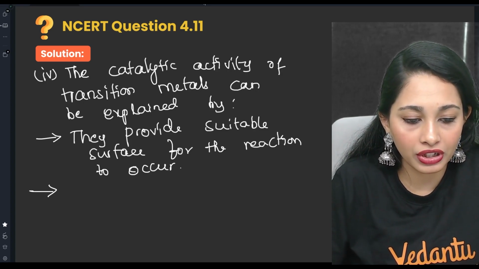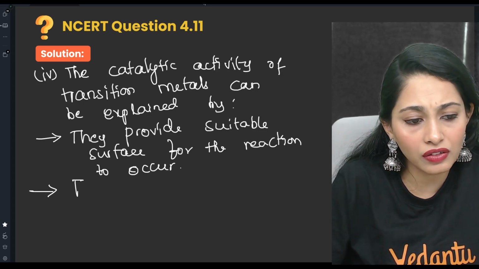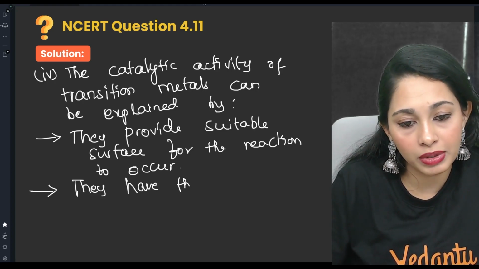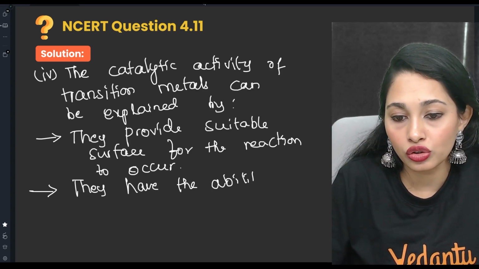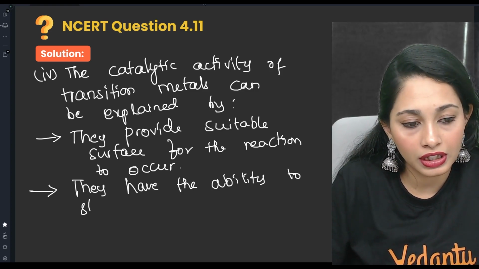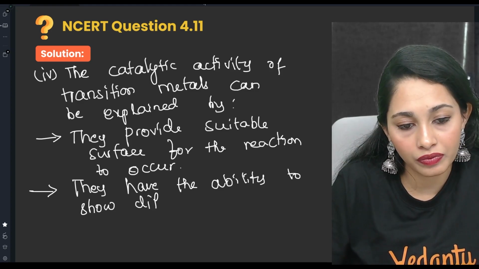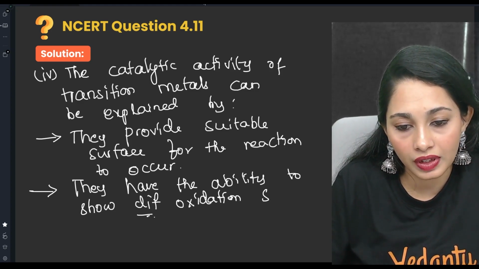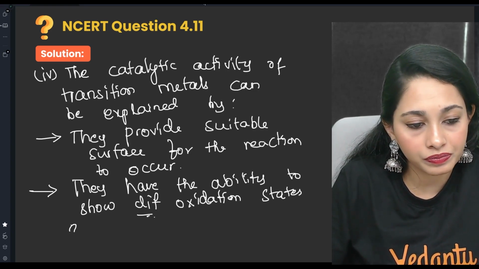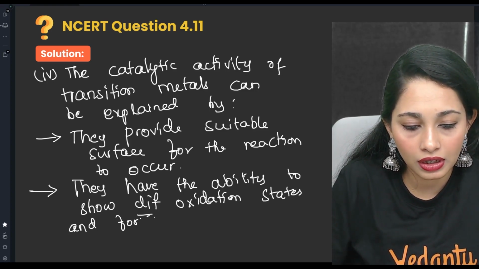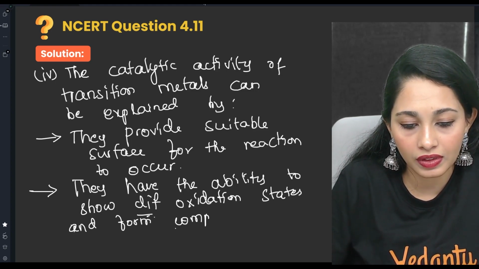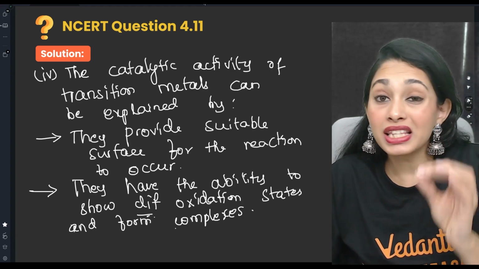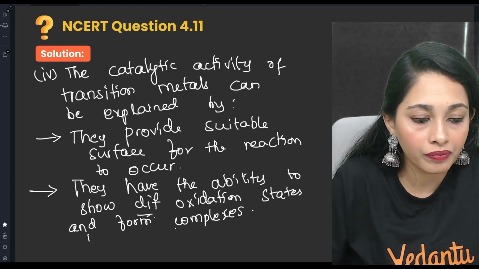And then the second point is, they have the ability to show different oxidation states and form complexes. So these metals form unstable intermediate compounds.